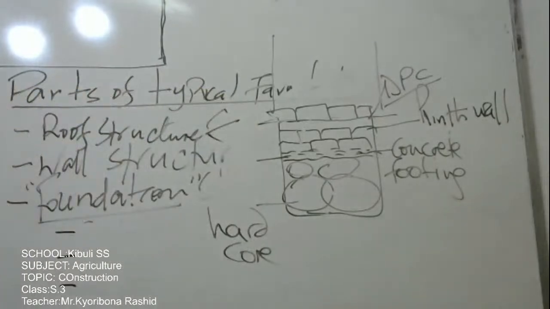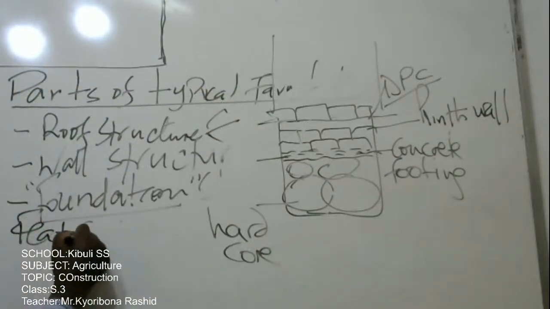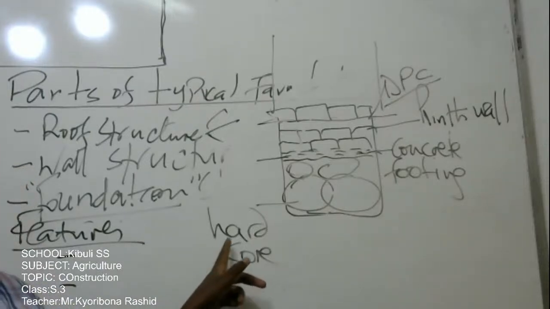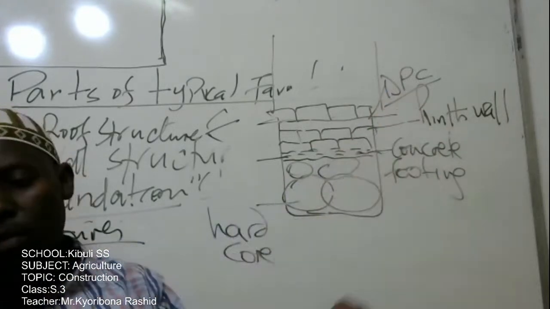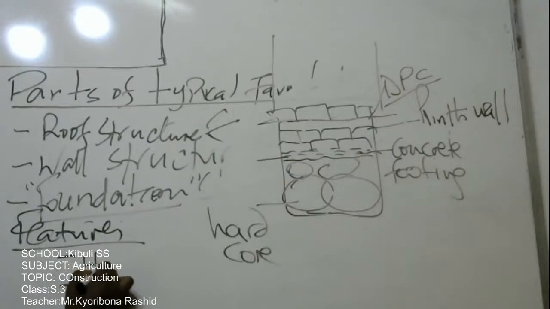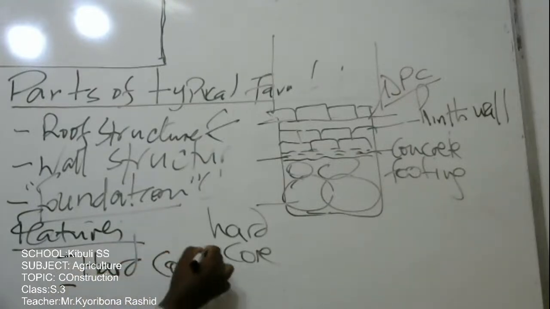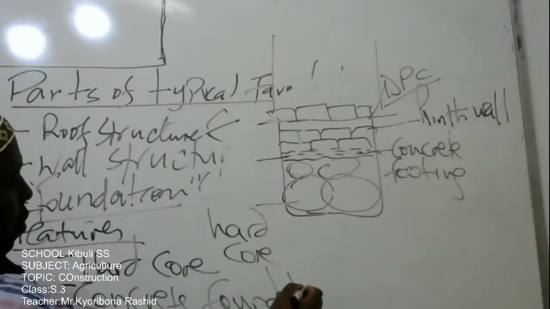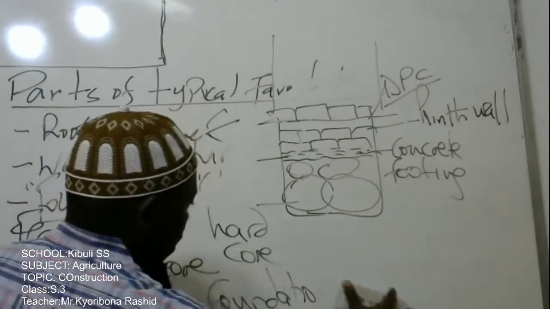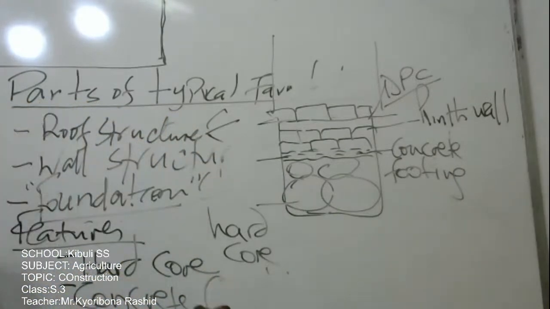Therefore, what are the features of the foundation? The features will be what we have written: 1, hardcore; 2, concrete footing; 3, a plinth wall; and 4, DPC. Hardcore, followed by concrete footing, followed by plinth wall.